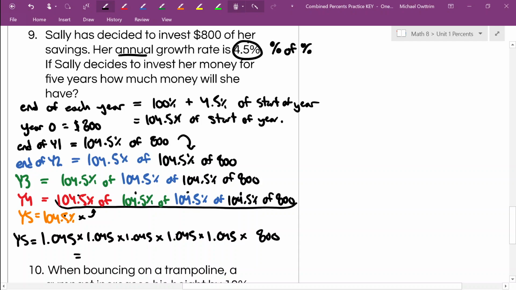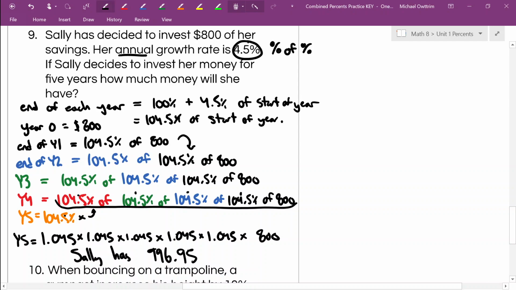And so when we do that, make sure you count the correct number of 1.045s, and you multiply that by your 800. You should end up with Sally having $996.945.